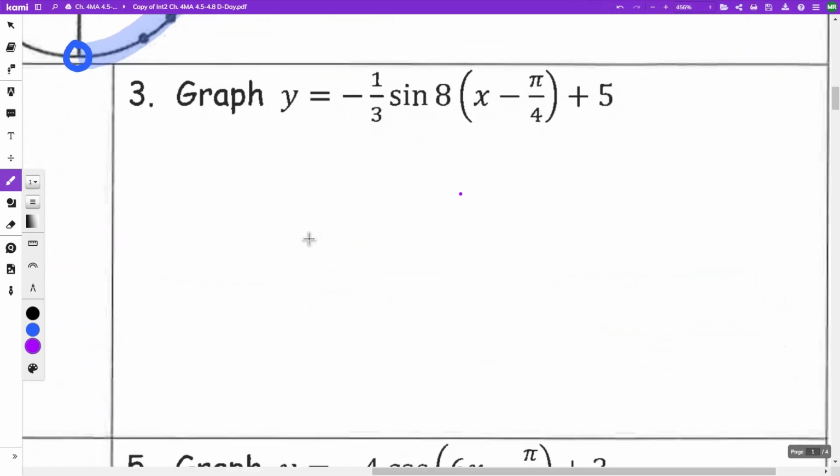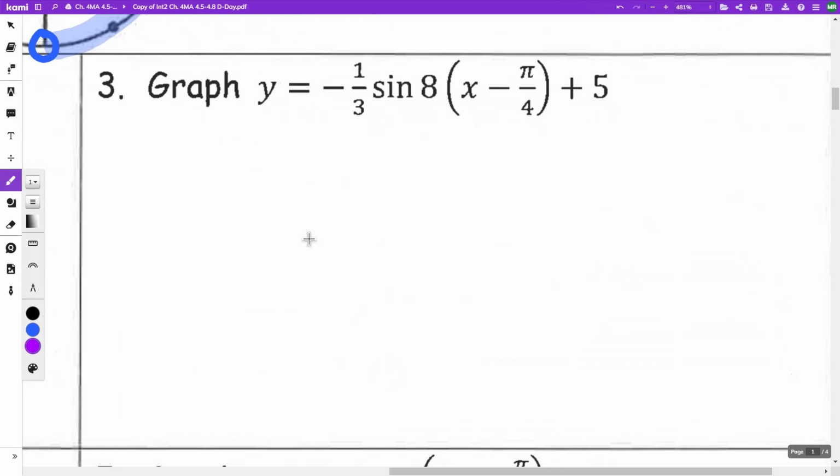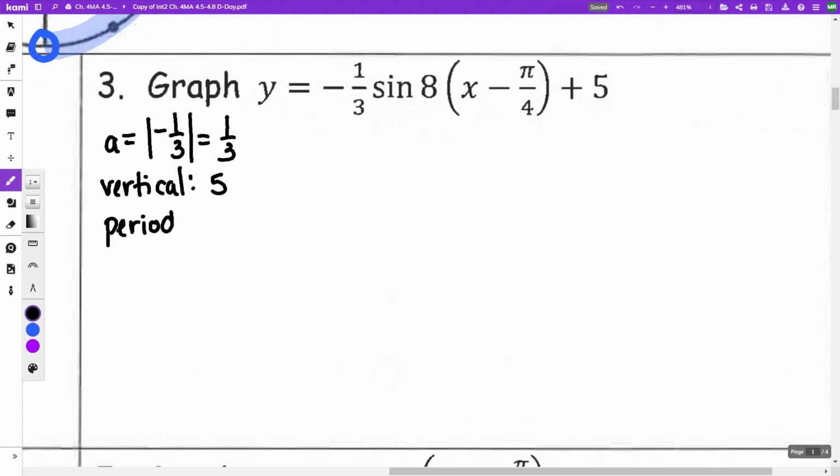For number 3, sine. My amplitude is going to be the absolute value of -1/3, which is 1/3. My vertical shift is going to be 5. My period is going to be 2 pi divided by b being 8, and that reduces down to pi/4.